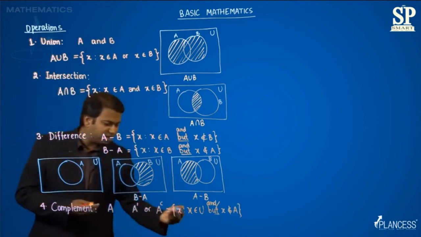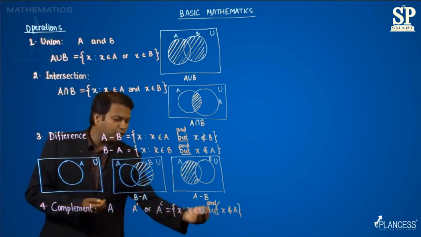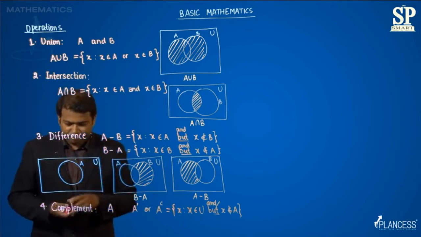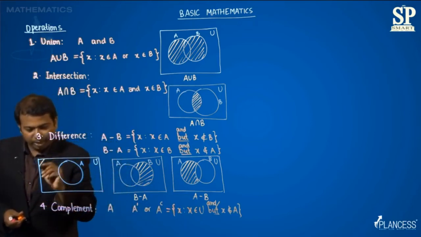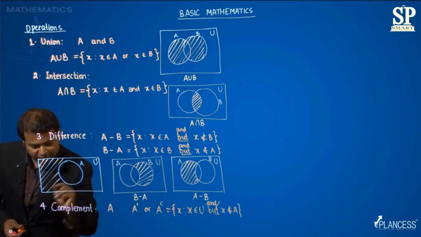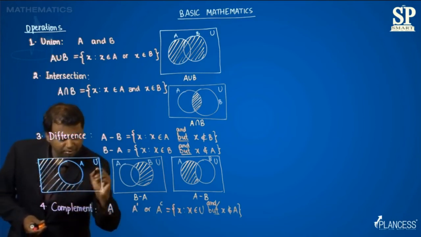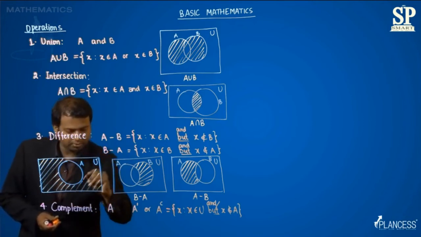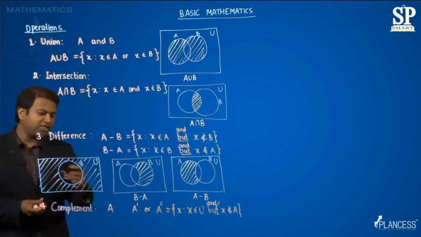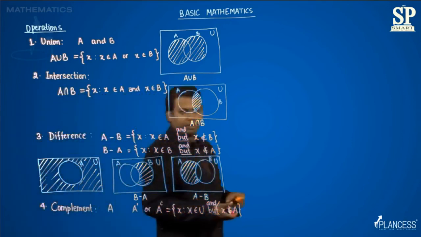So now this is a set containing elements belonging to the universal set, but those elements should not lie in the set A. So A complement or A prime is represented in the diagram as follows. So this is how we represent A complement.